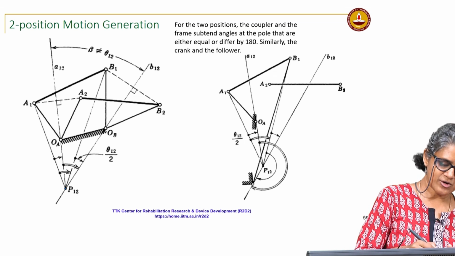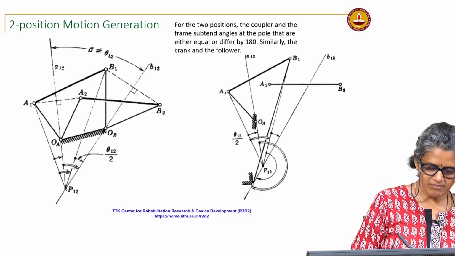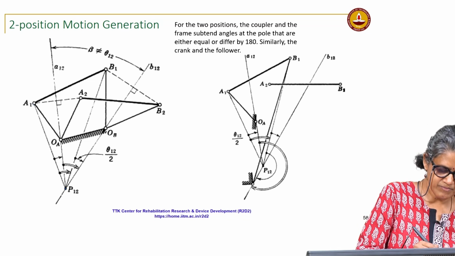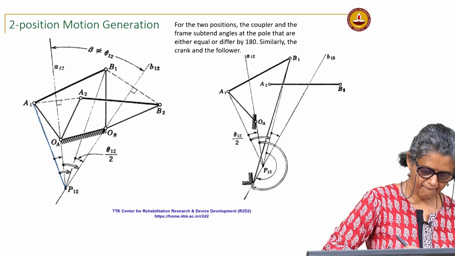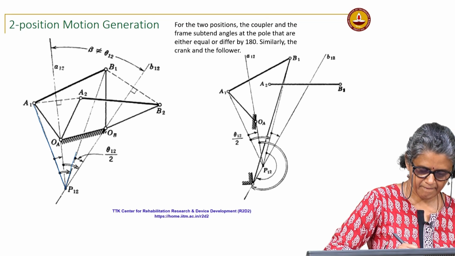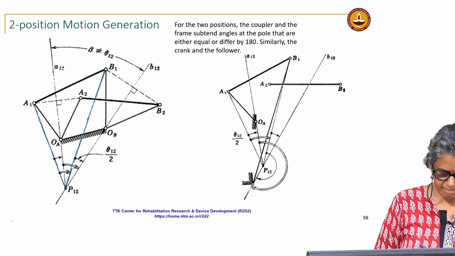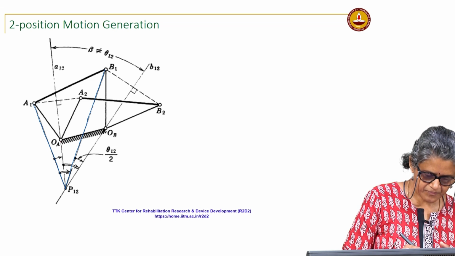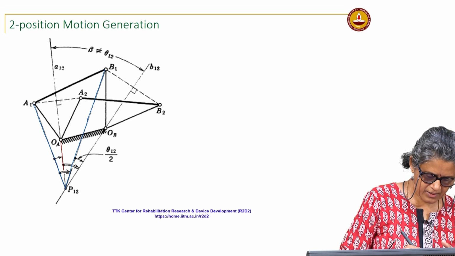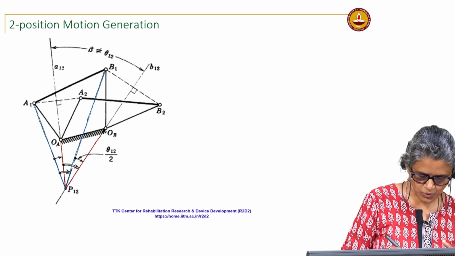Okay. So, I draw these triangles. Okay. I have A1 P12 B1, I have OA P12 OB.